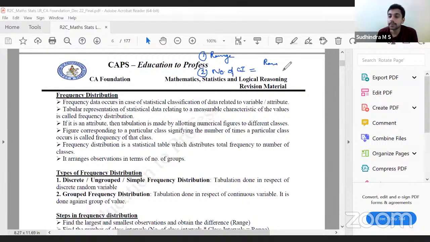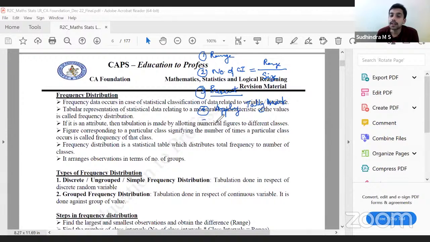Range divided by the width of the class interval. Size depends upon the requirement. Once we have this, we know the number of class intervals, so present all the class intervals in the form of a table. Then we start allotting the frequencies by applying tally marks.